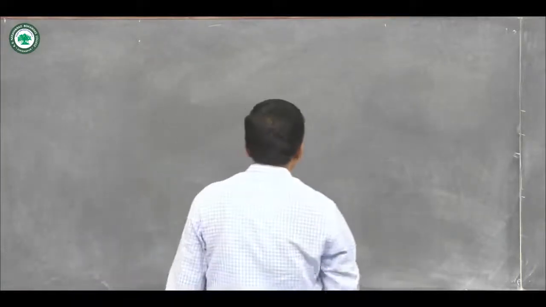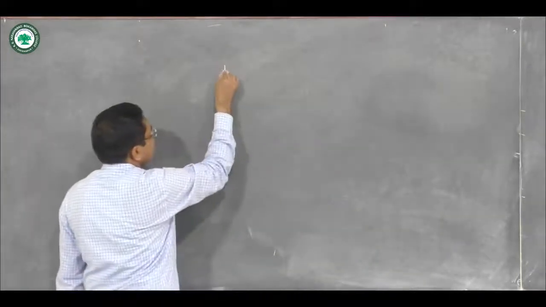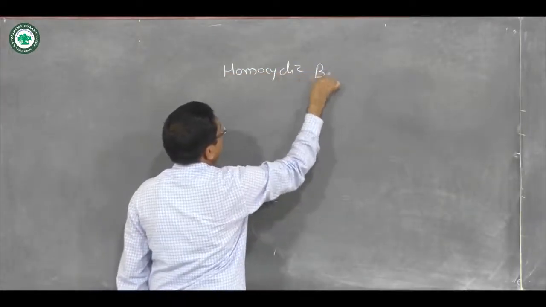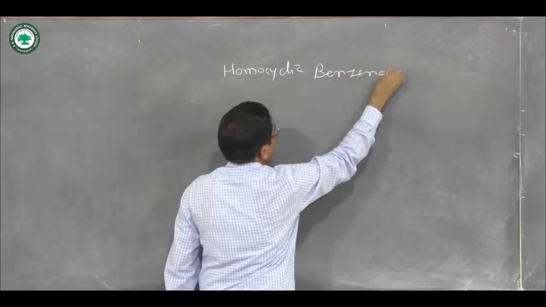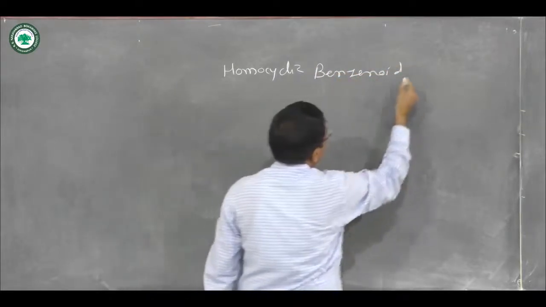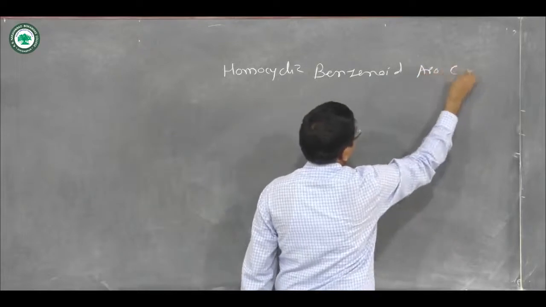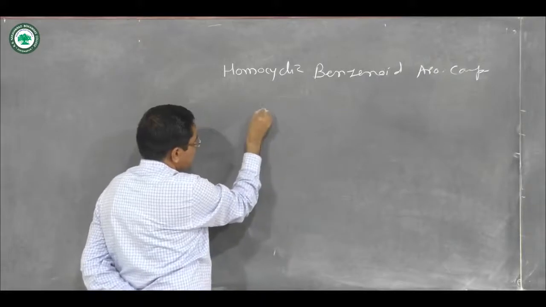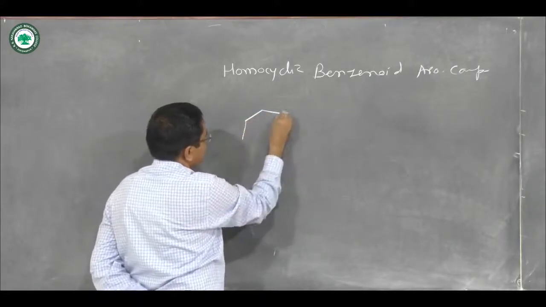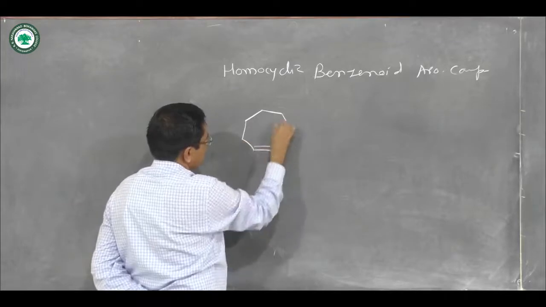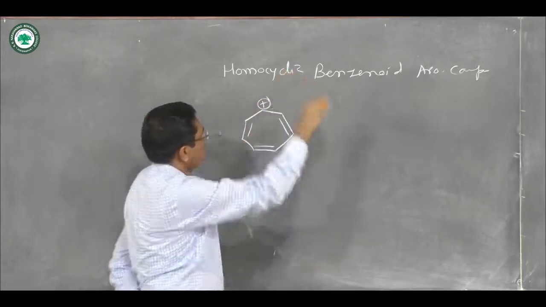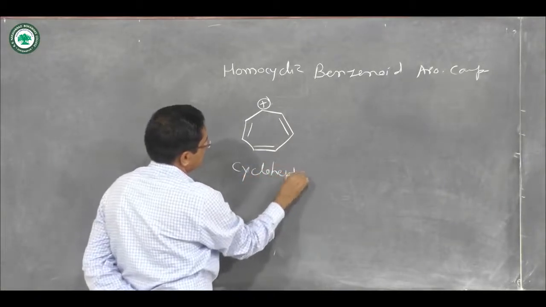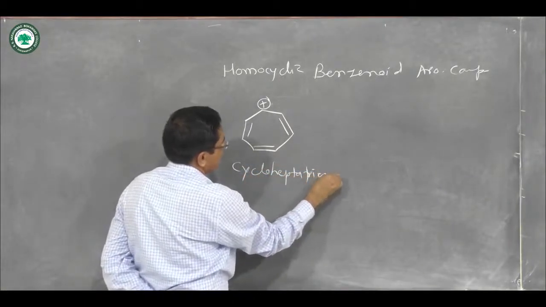First of all, we will take an example from homocyclic non-benzenoid aromatic compounds, that is the cycloheptatrienyl cation, the tropylium cation.